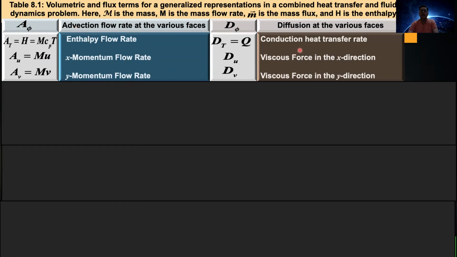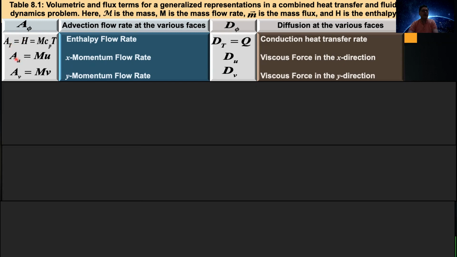And the conduction that was presented as capital Q will be presented for this topic as a diffusion component D. So in advection, we have used H for enthalpy flow rate before, but for this topic, which involves along with energy equation, mass and momentum conservation equations, instead of H we will use the symbol A for advection, and if the subscript is T, it corresponds to the enthalpy flow rate.